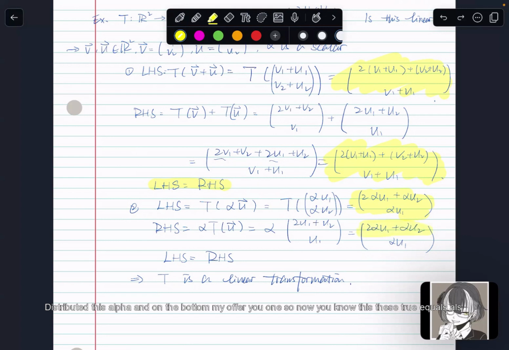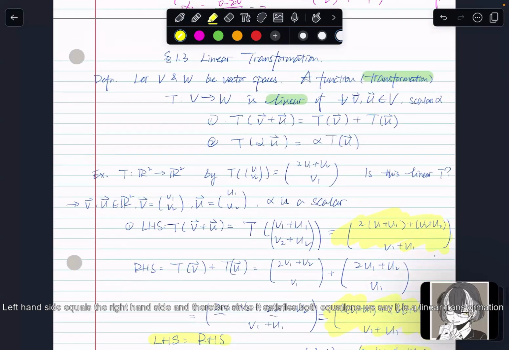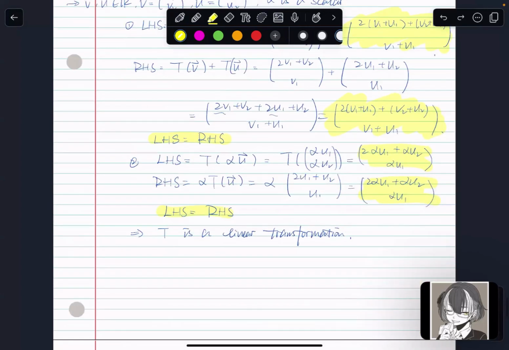Now these two are equal. So again we conclude the left-hand side equals the right-hand side. Therefore, since it satisfies both equations, we say T is a linear transformation.